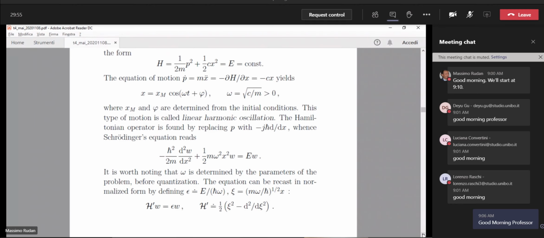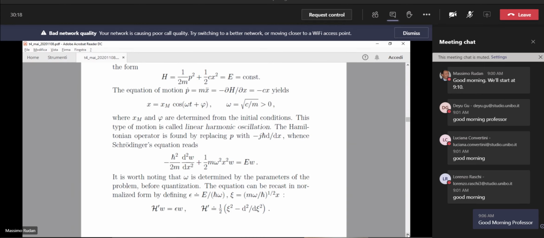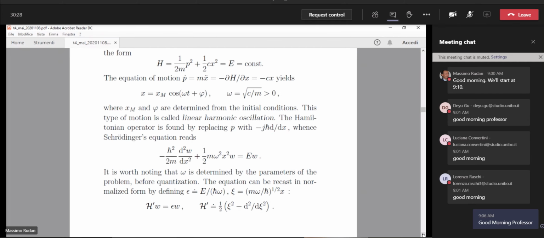So we simply renormalize the equation by dividing all terms by h bar omega. So on the right-hand side, the total energy E is divided by h bar omega. Of course, h bar omega has the units of an energy, so the ratio that is defined here is called epsilon, and is a pure number.